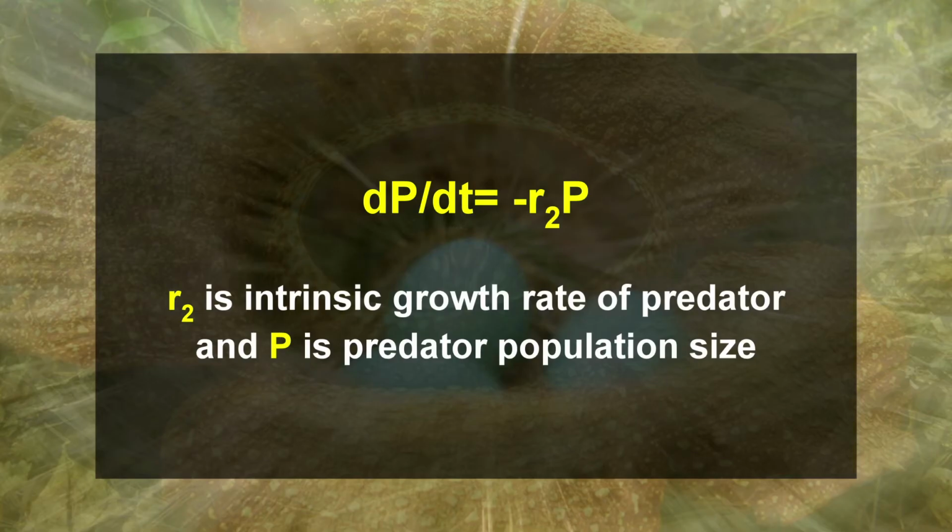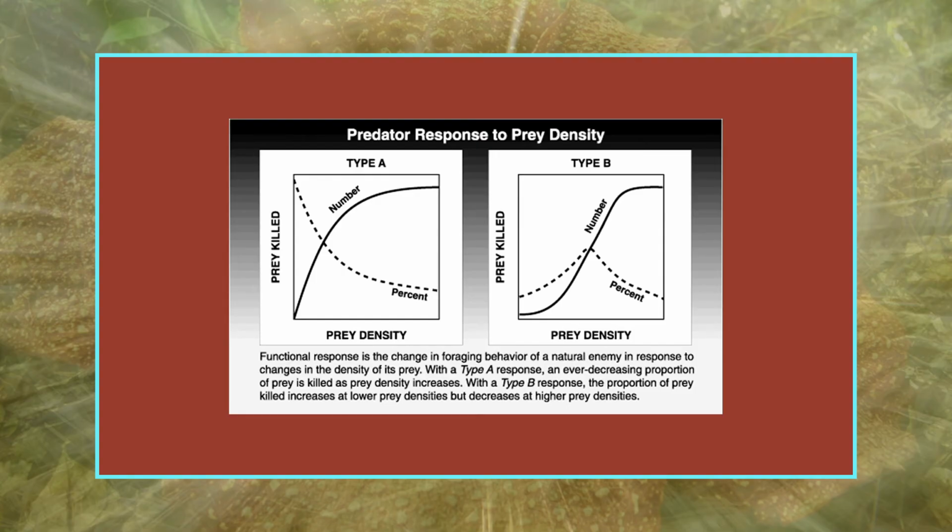Without prey, the predator population dies off according to the equation dp/dt = -R2p, where R2 is the intrinsic growth rate of predator and p is predator population size. If the prey and predator are grown together, the rate of increase of prey is slowed by a factor depending upon the density of predator population.